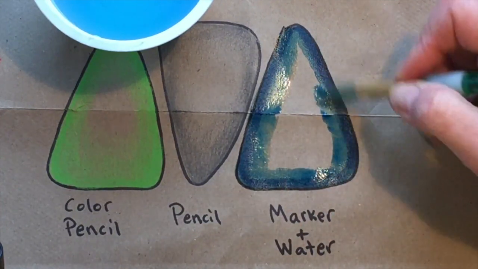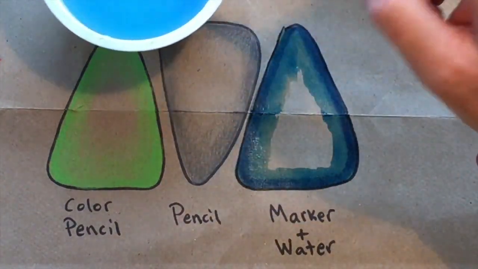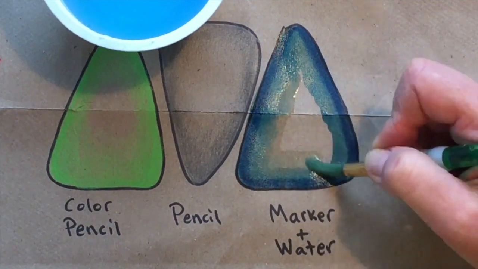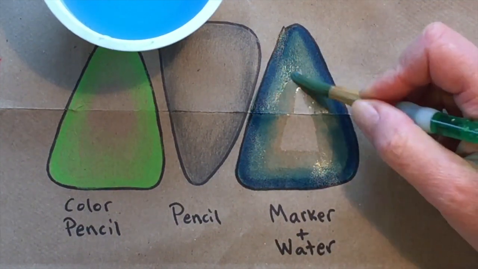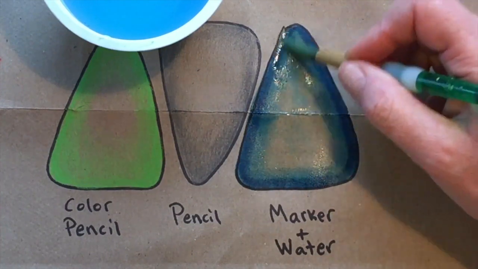Now, if you find that your brush is really saturated with blue, go ahead and rinse it off, and then come back with just fresh water, and that will help make the fading effect better, and it won't just be a solid blue shape.